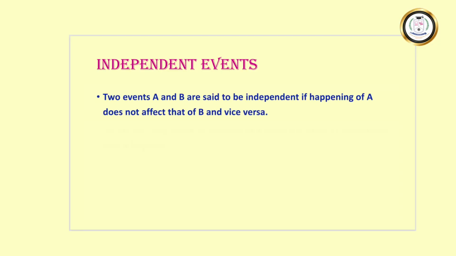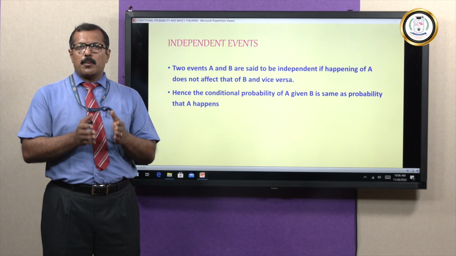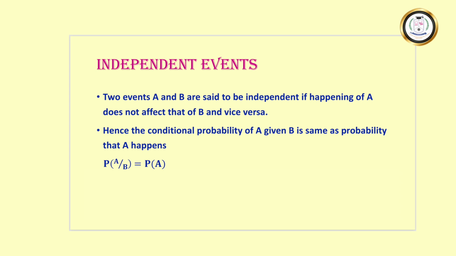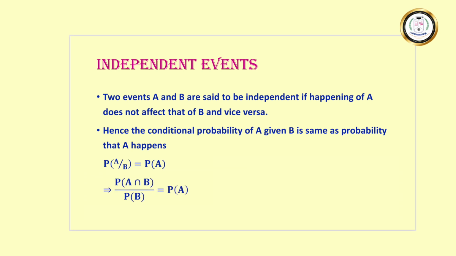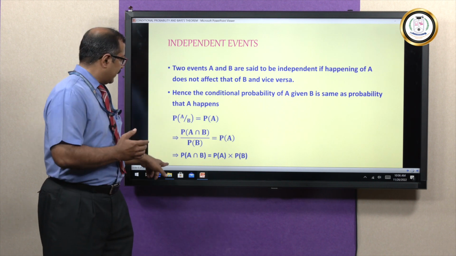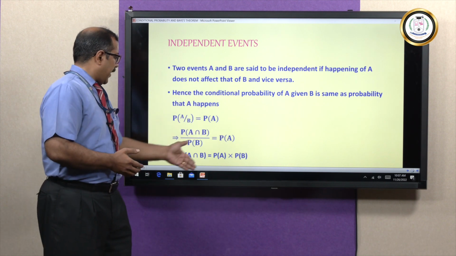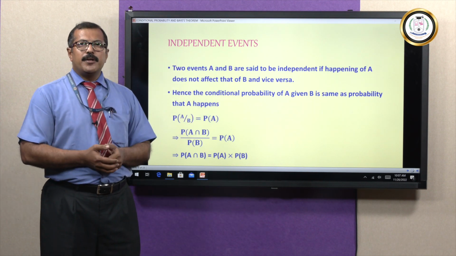Hence, the conditional probability of A given B is not going to affect the probability of A. So, probability of A given B will be the same as probability of A. Already we know probability of A given B is P of A intersection B divided by P of B. By using this, we can cross multiply and get the result that P of A intersection B is equal to P of A into P of B, which means if A and B are independent, P of A intersection B is equal to P of A into P of B. Same way we can backtrack and say if P of A intersection B is P of A into P of B, we can say A and B are independent.